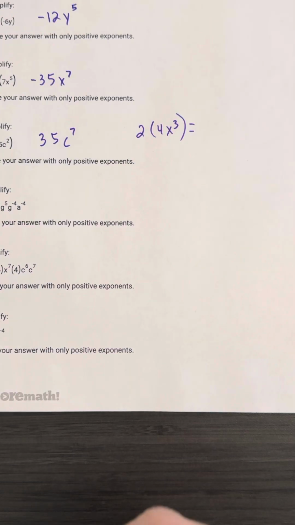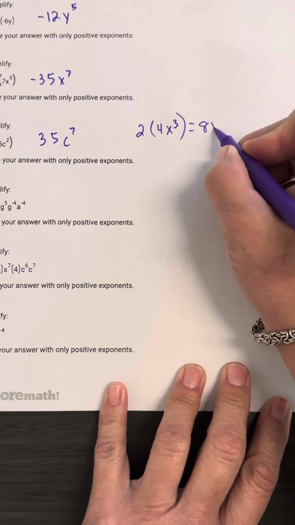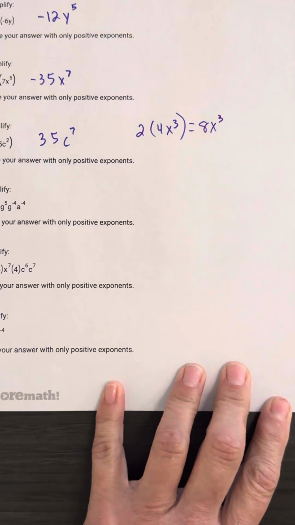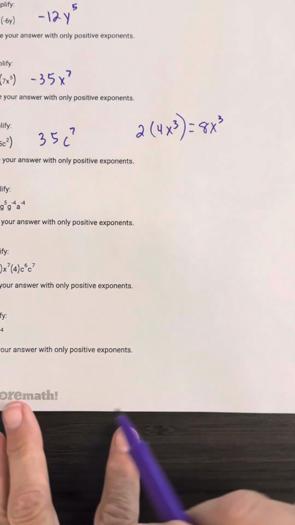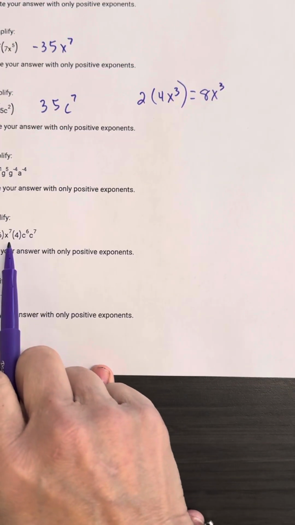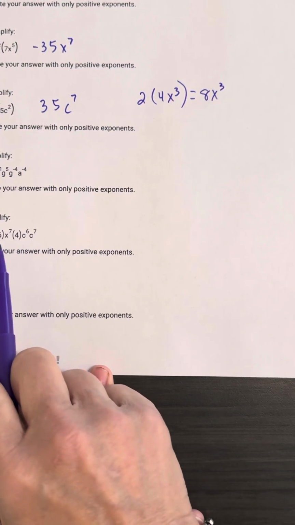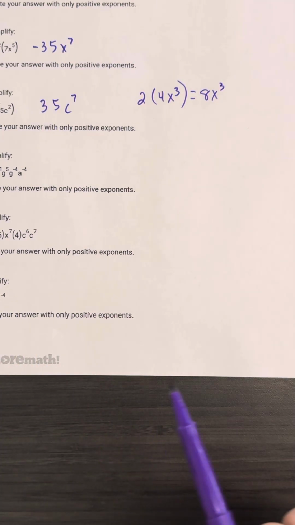No, there's just 1. So the letter doesn't change. So 2 times 4 is 8, x to the 3rd. Don't overthink it. The other thing on Get More Math is every once in a while you'll see spaces. So like on number 5, see how sometimes they put spaces in between the letters. It's a glitch. It doesn't mean anything.